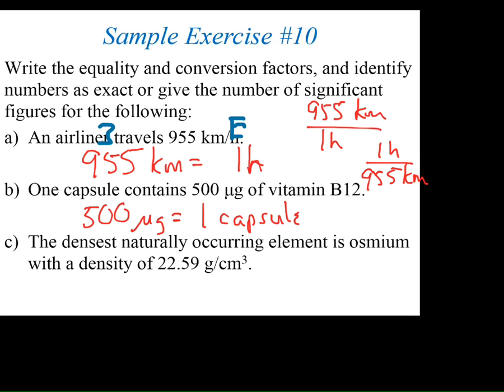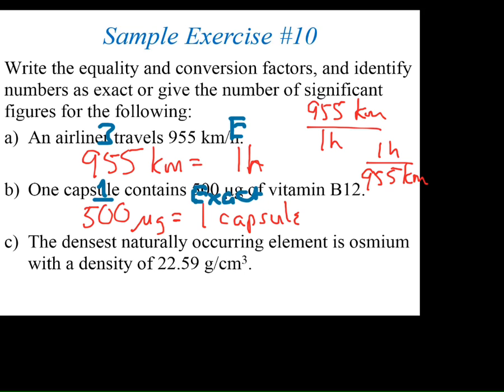Okay, so is that exact? No, right? Again, it was measured out into that capsule. So how many sig figs would I have for the 500? That's only 1, because there's no decimal. And the 1 capsule, that's exact. The 1 is always exact.